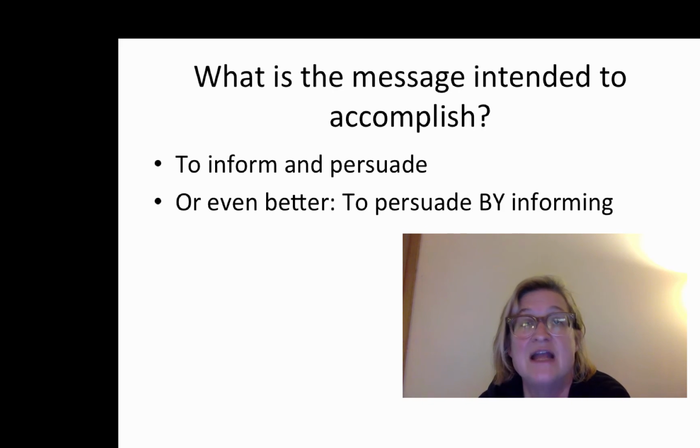And finally, you want to be mindful of what the message is intended to accomplish. This can be tricky because, of course, you have an obvious goal of getting into the program. But you need to not just have one single goal that seems overly ham-fisted. You need to have achievable goals that might have to do with informing and persuading your audience via specific details. Or even better, you want to persuade by informing.